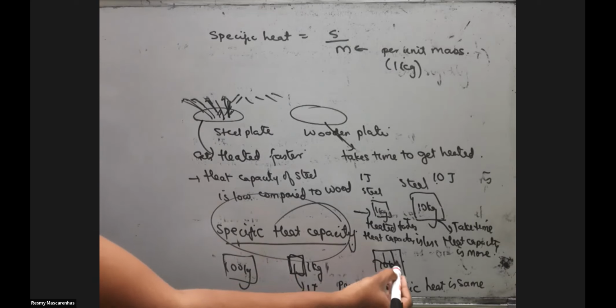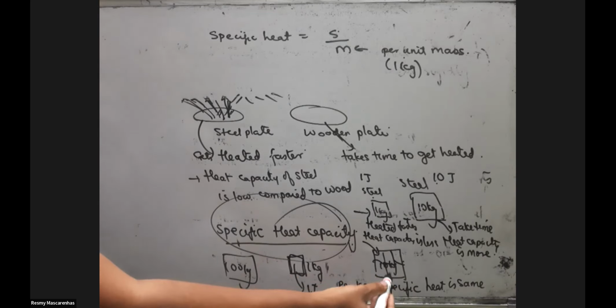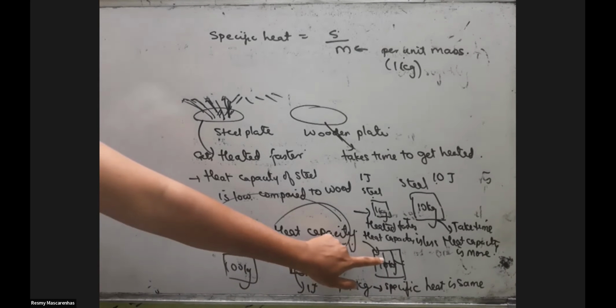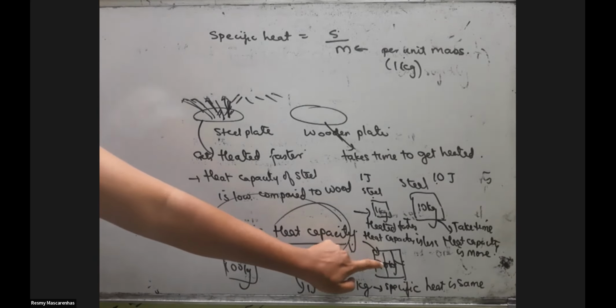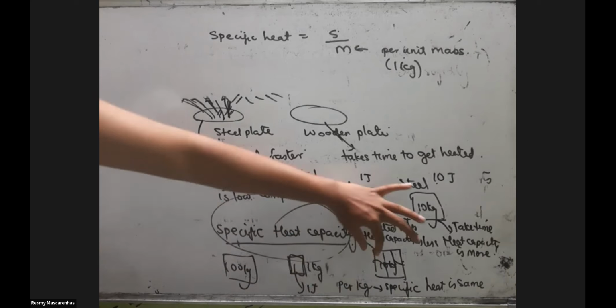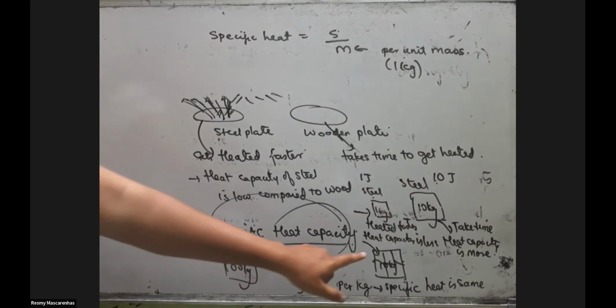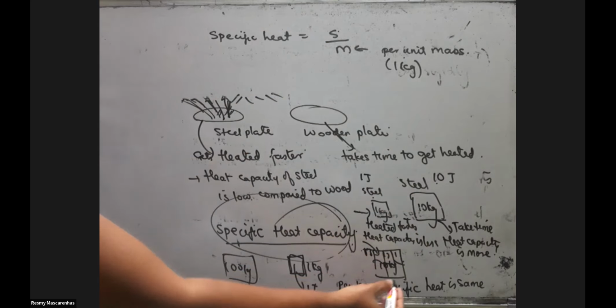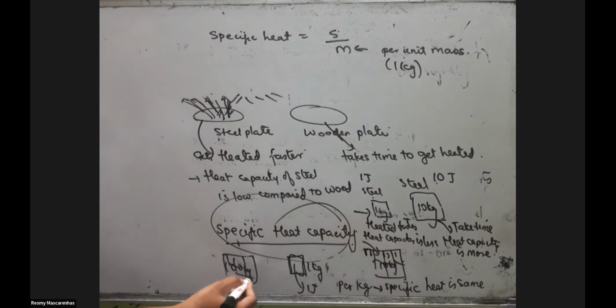It's like 10 parts. So for the 10 kg block, what is specific heat capacity? I want to know how much it will take to heat up 1 kg of it, one small piece. That will remain 1 joule only. It's like 1 joule, 1 joule, 1 joule. Here also there will be 100 parts, each 1 joule, so 100 pieces.